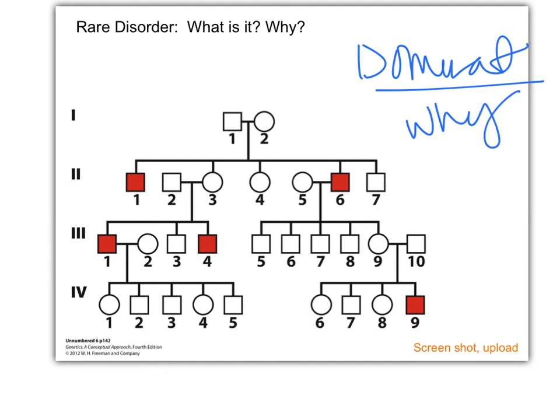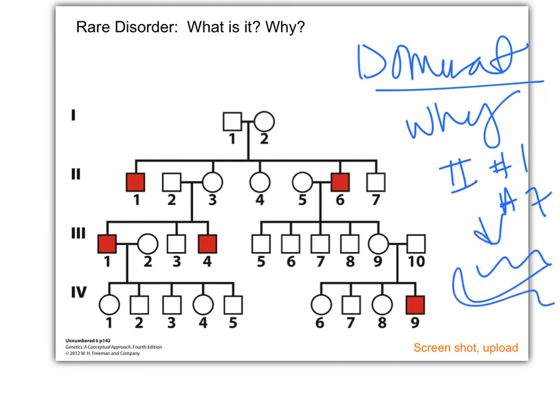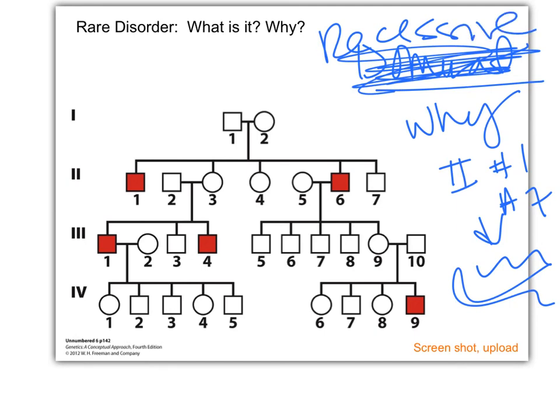So, in generation 2, numbers 1 and 7 tell me blah, blah, blah. That's how I know it's dominant. Or that's how I know it's recessive, because of number 9 and numbers 2 and 4 in generation 2. These are generations, and then the numbers, so you could talk about them.